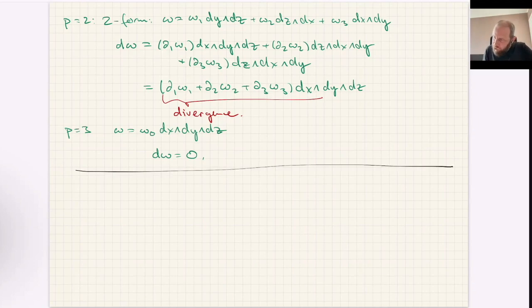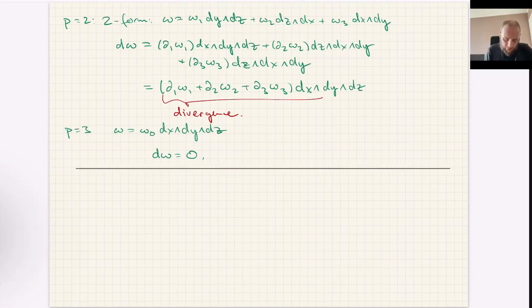Just a short remark. Note the following, that if you take the exterior derivative of an exterior derivative, you get 0. And why is that? Well, essentially, if you do that twice, let's just write it out.